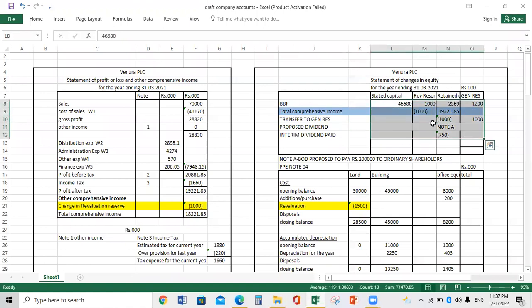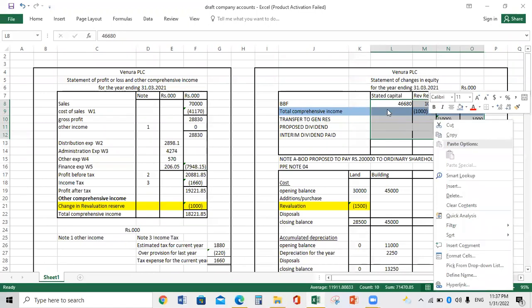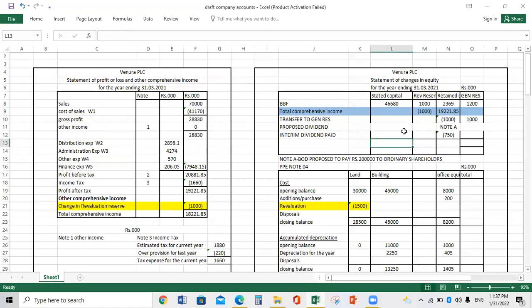One student was asking me, didn't I record that minus 1,000 in revaluation reserve? Now only we are recording. At the end only you transfer to revaluation reserve as minus 1,000. Now get the closing balances, guys. Get the closing balance of all these values. Get it quickly. 0.